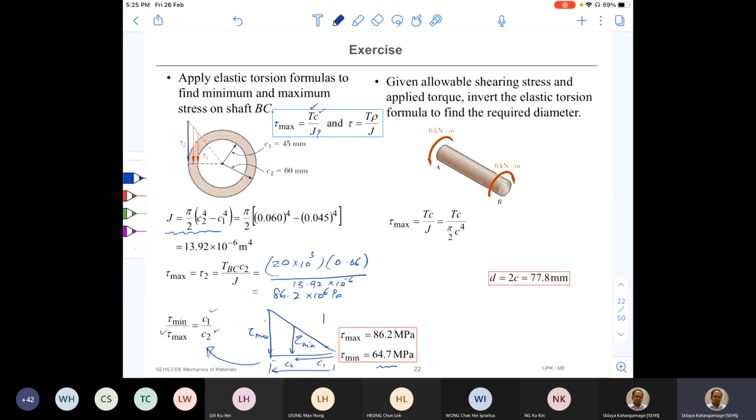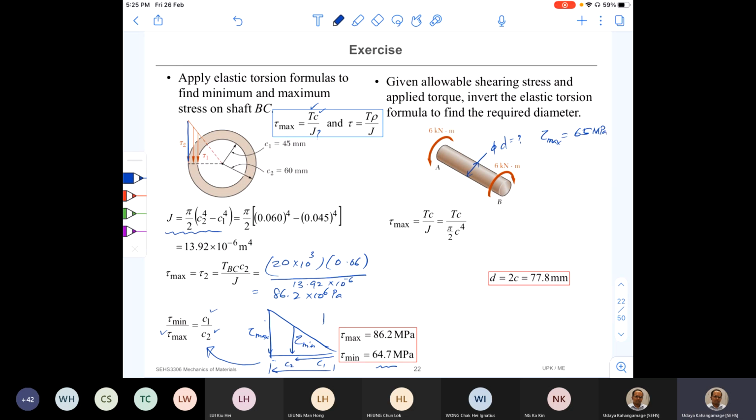Next, we need to find, sorry, not the allowable shear stress, the diameter, that means this diameter here, D. What is it? What is given is tau max, which is 65 megapascal.